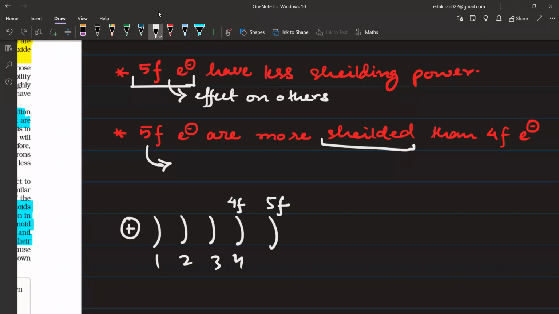So 1 2 3 4 and 5. अब ये बताइए, you have more electrons before 4f या before 5f? 4f को देखिए 3 तक शील्ड किए हुए हैं लोग, राइट. बट 5f को कहां तक शील्ड किया हुआ है लोगों ने? 4th शेल तक शील्ड किया हुआ है. Yes or no, please tell me. Yes, sir. Now both of these statements, they make sense, yes or no?